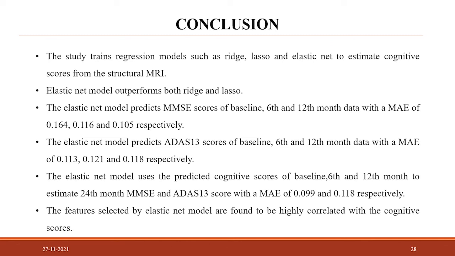It predicts ADAS-Cog 13 of baseline, 6th and 12th month data with MAE of 0.113, 0.121 and 0.118 respectively. The elastic net model uses predicted cognitive scores of baseline, 6 and 12 month to estimate 24-month MMSE and ADAS-Cog scores with MAE of 0.099 and 0.118 respectively. The features selected by the elastic net model are found to be highly correlated with the cognitive scores.